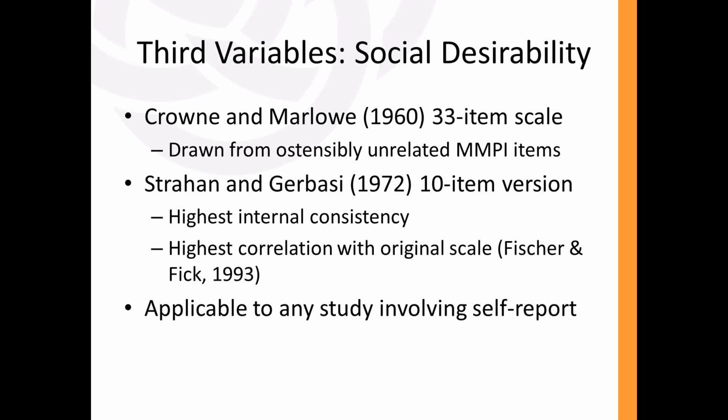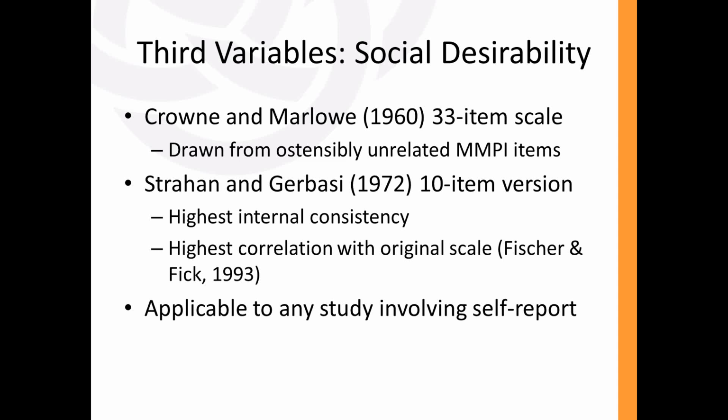Anyway, those have all been shown to be unrelated. The 10-item version from 1972 has really good internal consistency and the highest correlation with the original scale of a bunch of others that were also analyzed since the original scale came out. You can apply this to any study that involves self-report and account for social desirability to control its influence.